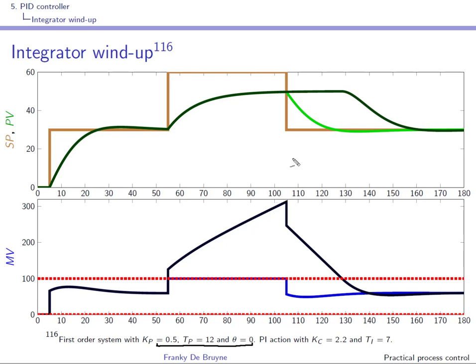And of course you will start to see the influence of this wind up on the process as soon as you make a set point change in the other direction, right? Because in the case of the PI control that is correctly implemented, the proportional kick will impose a change on PV directly, and very quickly you'll have PV on set point, right?